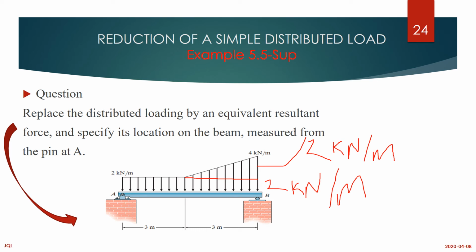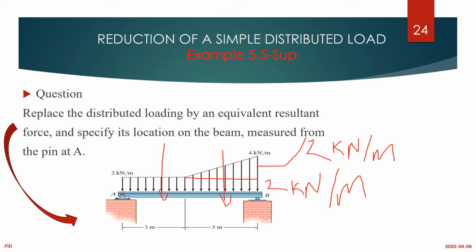For a rectangle, the area is equal to BH, 2 times 6. Then for a triangle, it is half BH, which is 2 times 3. Then you are going to have one load here and another load here.